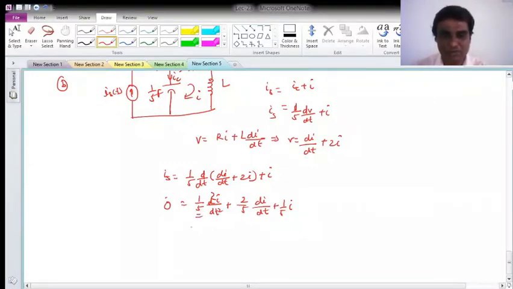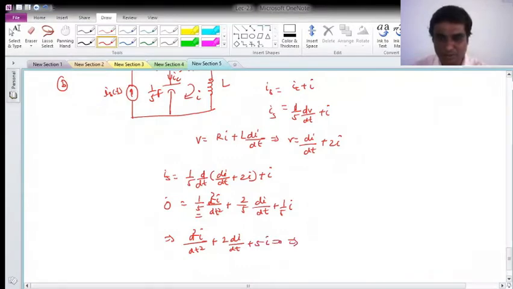And if I want this coefficient to be 1, my resultant form is d2i/dt square plus 2 di/dt plus 5i equal to 0. So the characteristic equation is p square plus 2p plus 5, or s square plus 2s plus 5, whichever way you want to call it.